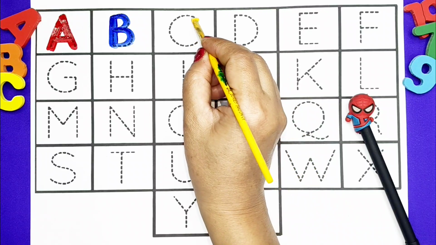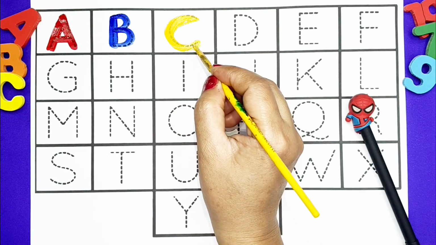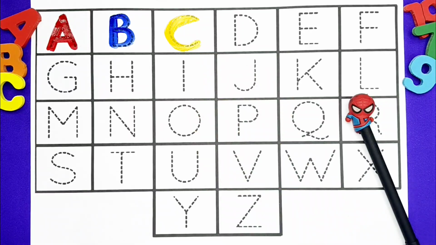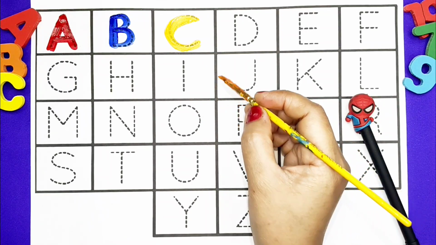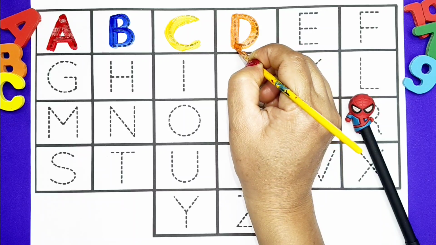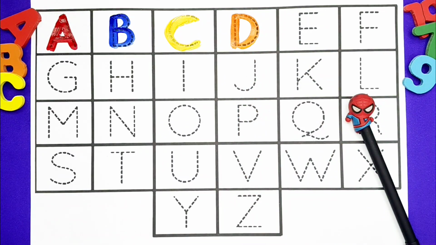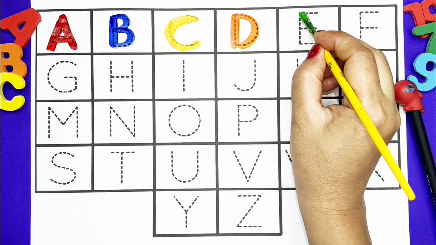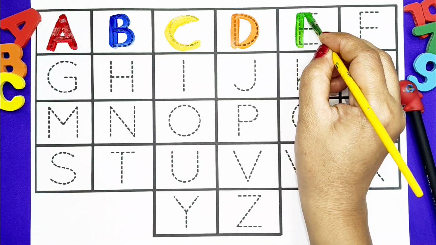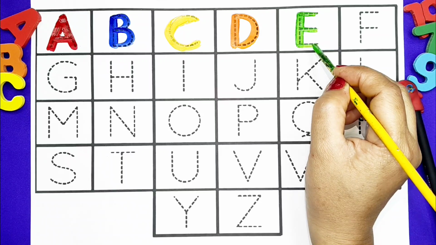Yellow color, C, C for cow. Orange color, D, D for dog. Light green color, E, E for egg.